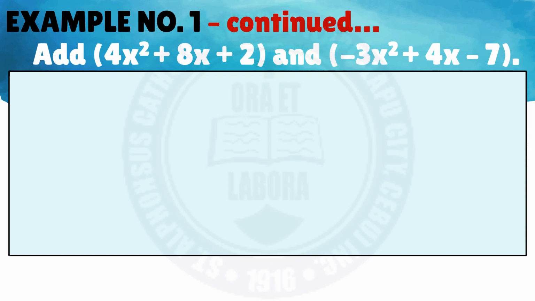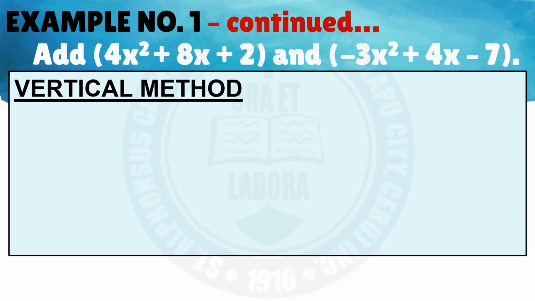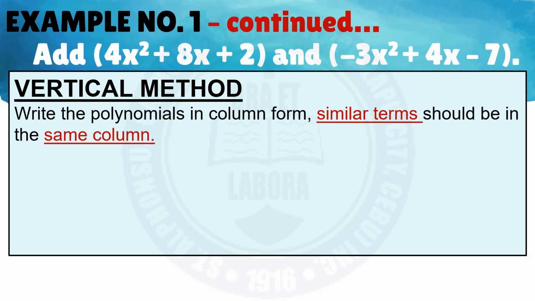There is another method to be used in adding and subtracting polynomials. We call it the vertical method. In this method, we are going to write the polynomials in column form. Similar terms should be in the same column, or they are aligned to each other.